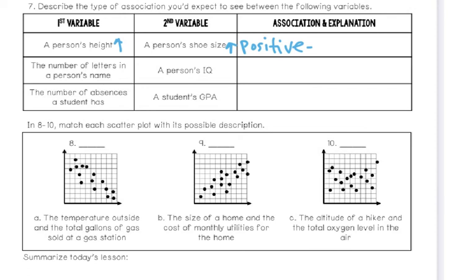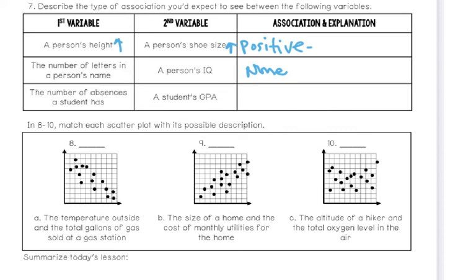The second one is the number of letters in a person's name and a person's IQ. Well, that doesn't make any sense whatsoever. I would expect there would be no correlation there at all. It doesn't matter how many letters are in a person's name. That's not going to determine a person's IQ, and vice versa.